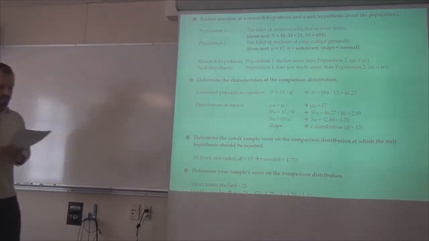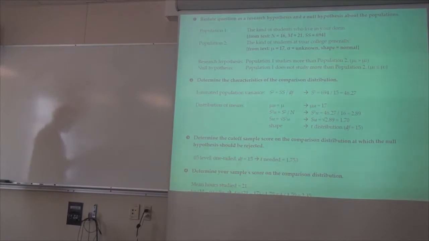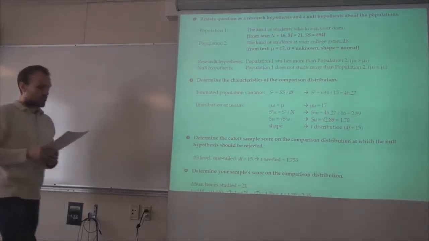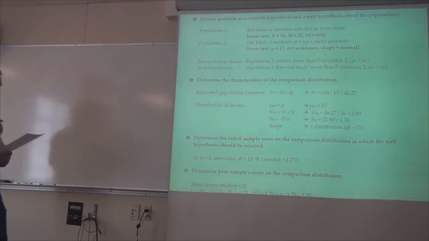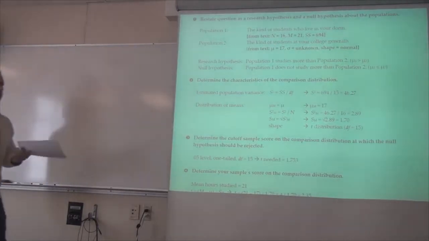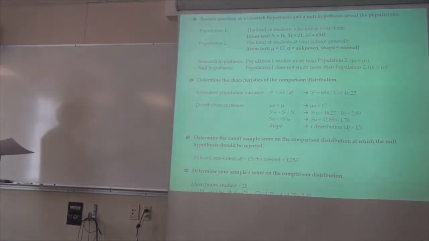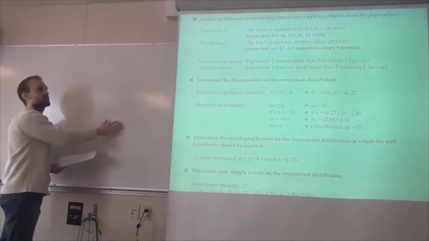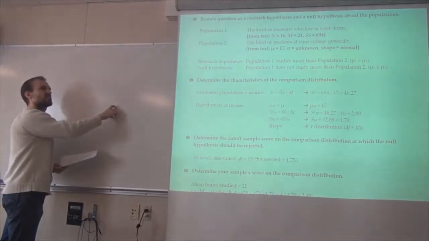Now the difference is that I can't use a normal distribution in exactly the same way. When I'm estimating the population variance, I lose some accuracy. The way to compensate for that is to use something that looks like the normal curve, but the tails are a little bigger.